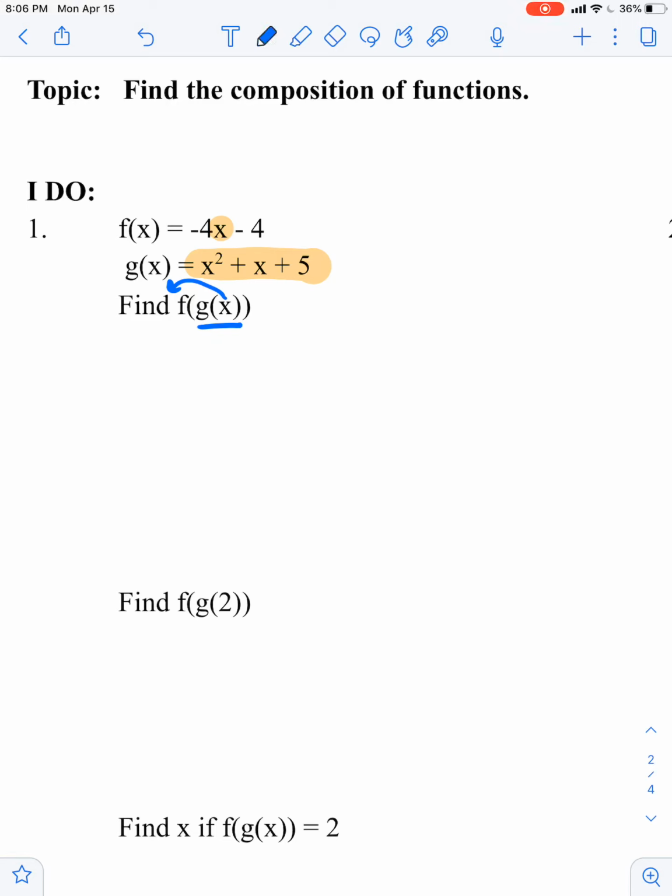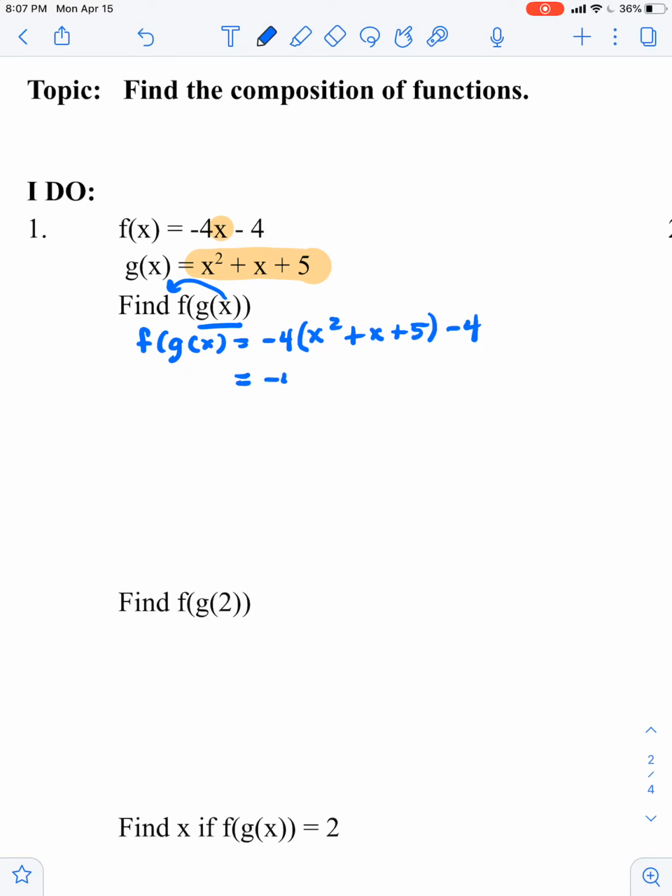So we're going to write this out. f of g of x equals, and again, negative 4, and we're going to take the other and put it right here. x squared plus x plus 5 minus 4. Okay, do you see what we did? We just substituted that whole equation. So instead of substituting just a number, we're substituting the whole equation. So what would I do next?